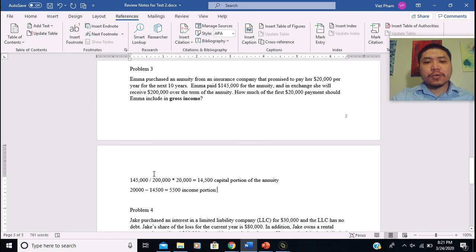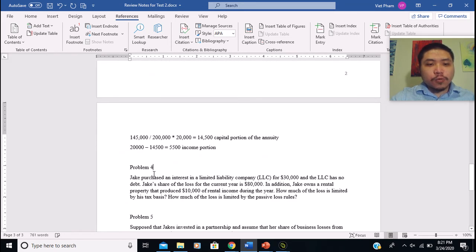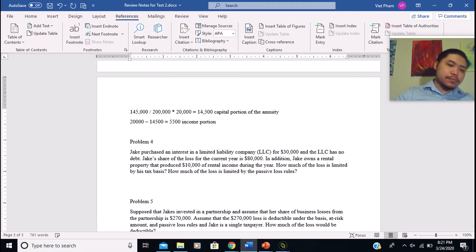All right, so that's problem number three. Now let's work on problem number 4. For problem number 4, this is a question where we have to use the three passive loss hurdles to figure out the deductible amount for the loss that the person has from a passive activity in business, right?